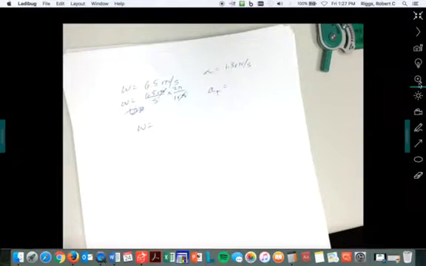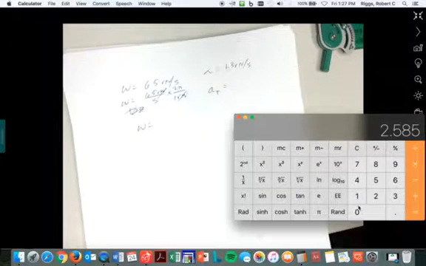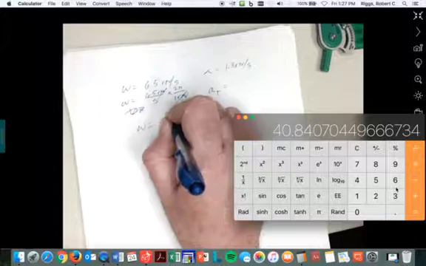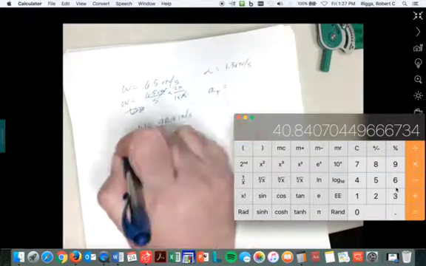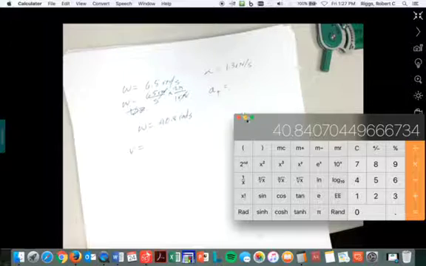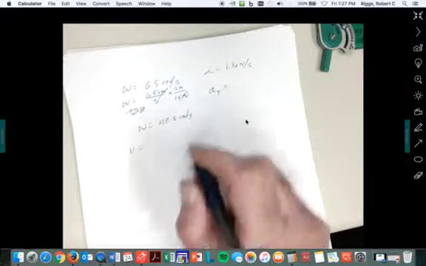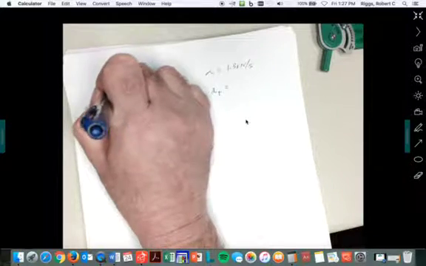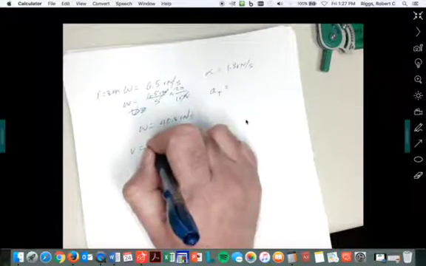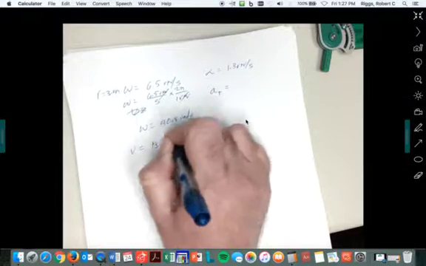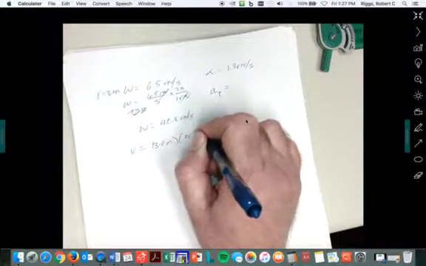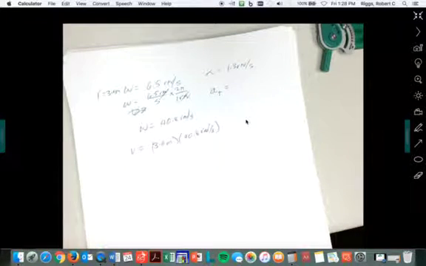So omega is 40.8 radians per second. And so the velocity at that point, since the radius is 3.0 meters, as the picture showed, is v equals 3.0 meters times 40.8 radians per second. I don't need to multiply that out, but you can see that it's very fast.